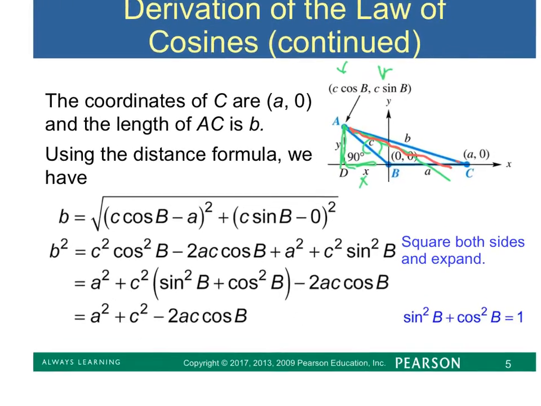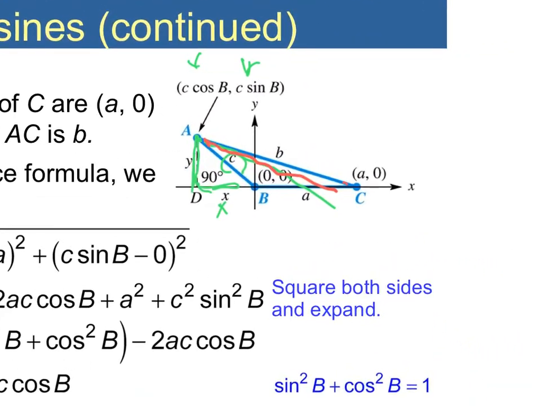So if we use the Pythagorean theorem on the larger triangle in this picture, we technically have y squared plus all of this, but y is now called c sine of B. This is my y and this is my x.